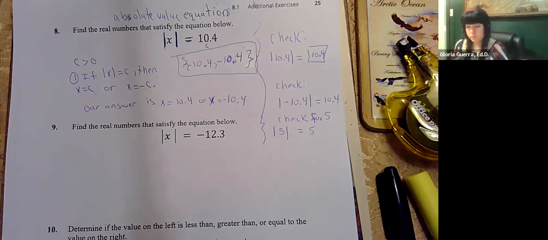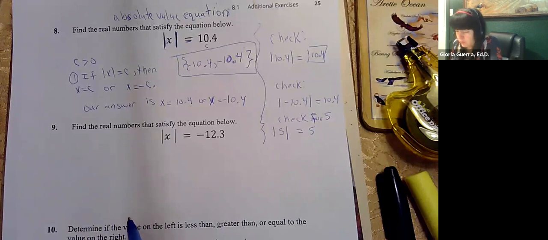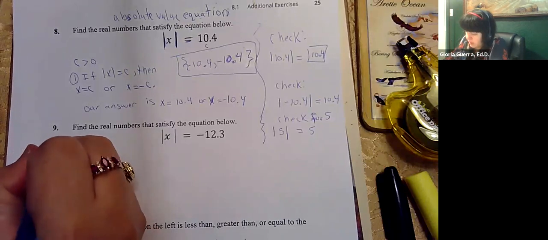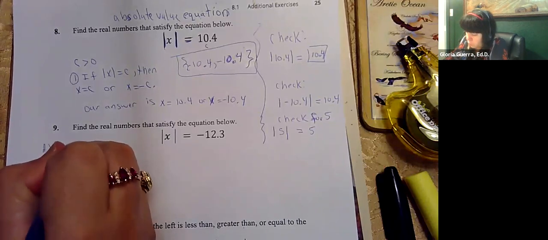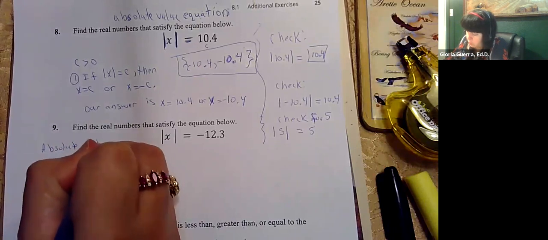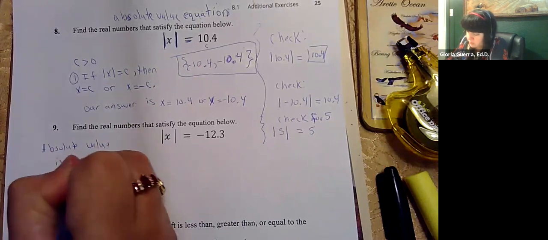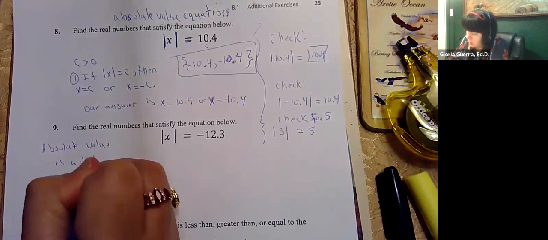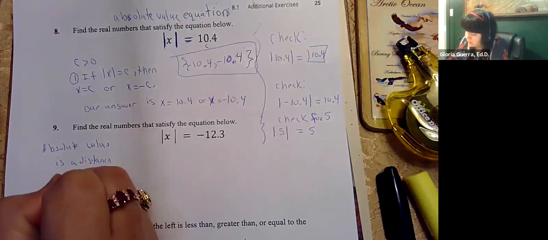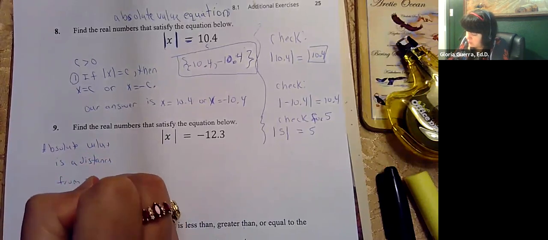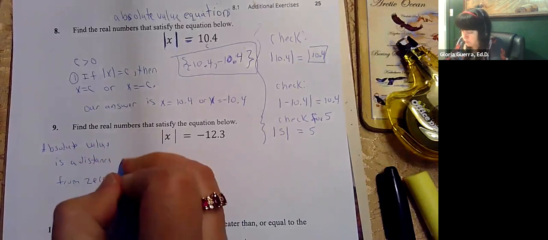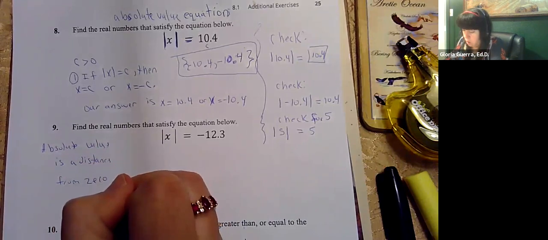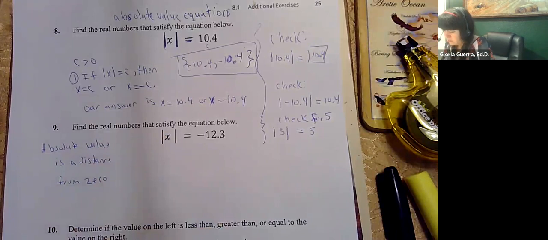It could be okay without that, but I was going to say that absolute value is a distance from 0.